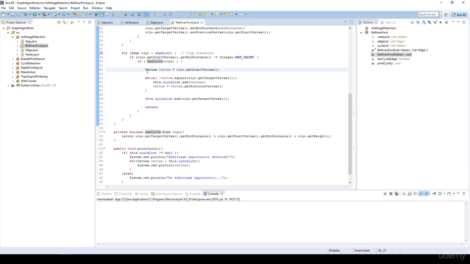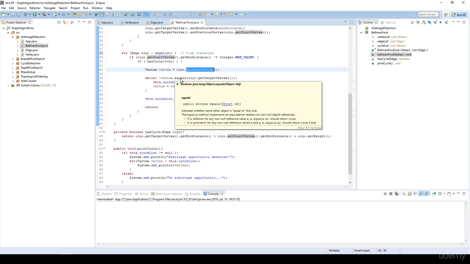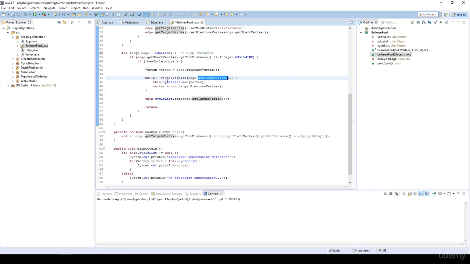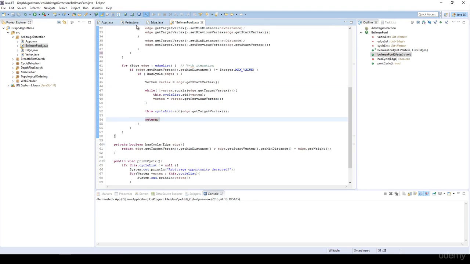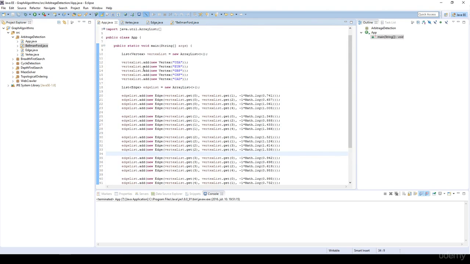And basically, we just get the vertex from the start vertex, and while this vertex is not equal to the target vertex, we are going to add these vertices to the cycle list. So we keep visiting the vertices that form a negative cycle, basically. Okay, and then of course we have to return. So basically this is how we are able to track it.